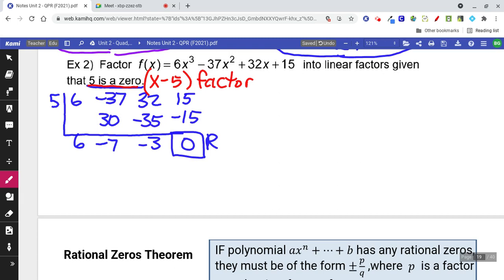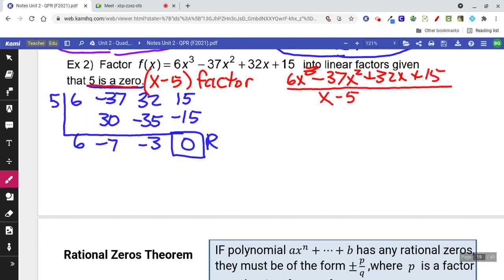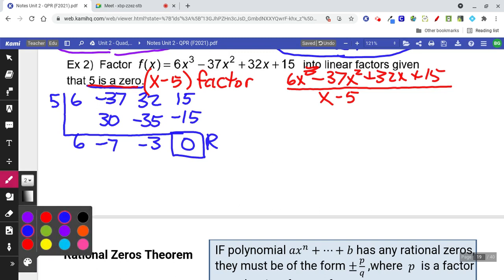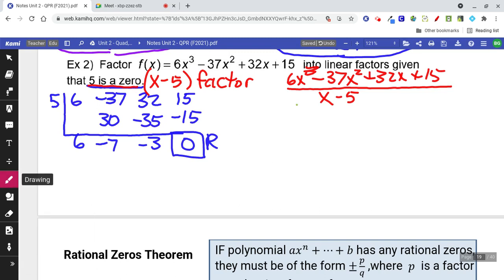If I divide 6x cubed minus 37x squared plus 32x plus 15 by x minus 5, now there's more than this going on, but if you think about just the first term, let's think about if I had 6x cubed divided by x.